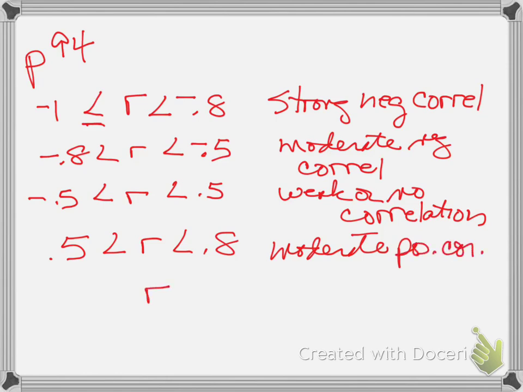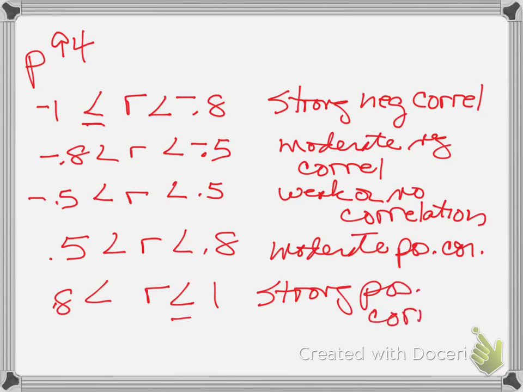And if your R is between 0.8 and 1, you can probably guess that you have a strong positive correlation. So you can see that being able to calculate an R value gives you an ability to really identify the correlation that you're seeing between your X and Y data, much more so than just a visual analysis of the graphical scatter plot.